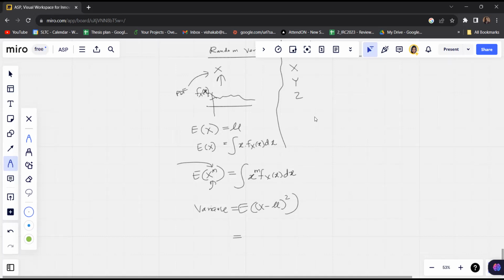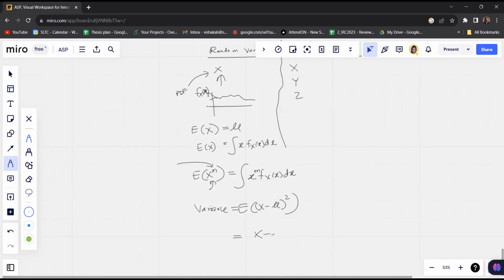Once we take each value of the random variable, what is the distance between that value and its mean value? We take the square to take the positive value only, and understand the gap between the mean value and other values of x.